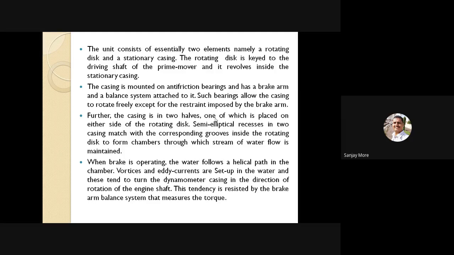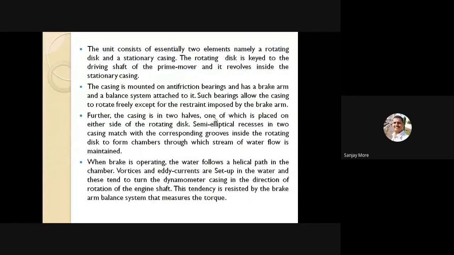Means vortices and eddy currents with the help of water turn the dynamometer casing with the help of rotation of the engine shaft. And when you apply the braking system to balance this rotation, here you have to measure how much torque is created.